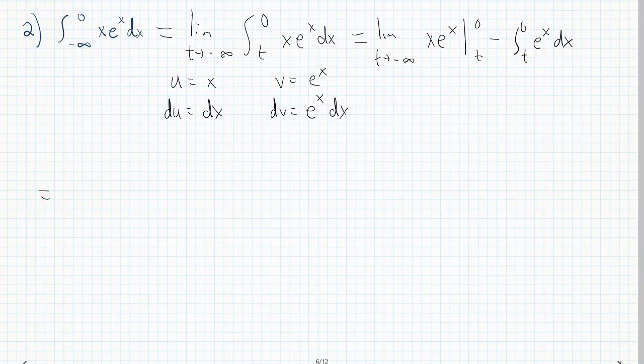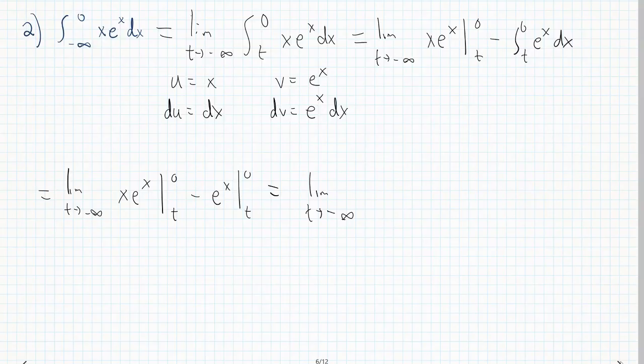We get the limit as t approaches negative infinity of x e to the x evaluated at t and 0 minus e to the x evaluated at t and 0. So this equals, now, the limit as t approaches negative infinity, we can plug in the 0 and the t, so you get 0 times e to the 0 minus, in this case, t e to the t.